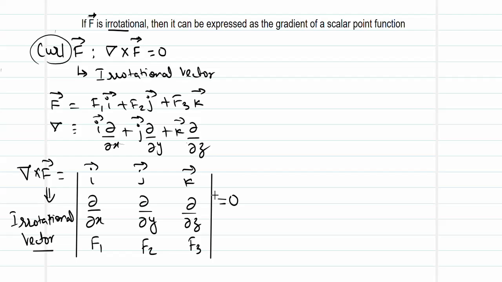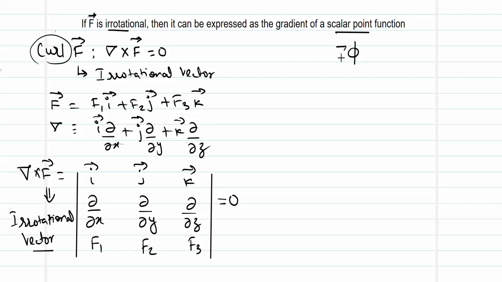Now moving on with the expression: if f vector is irrotational, then you can express it as the gradient of a scalar point function. This scalar point function is a scalar function; suppose phi is the scalar point function for us. How do we represent the gradient of a scalar point function?